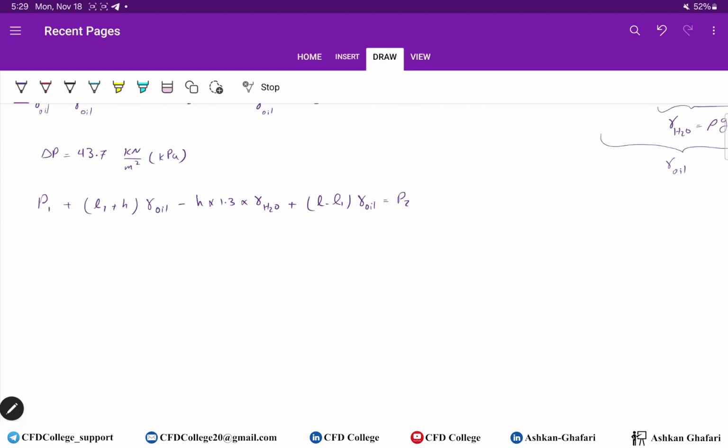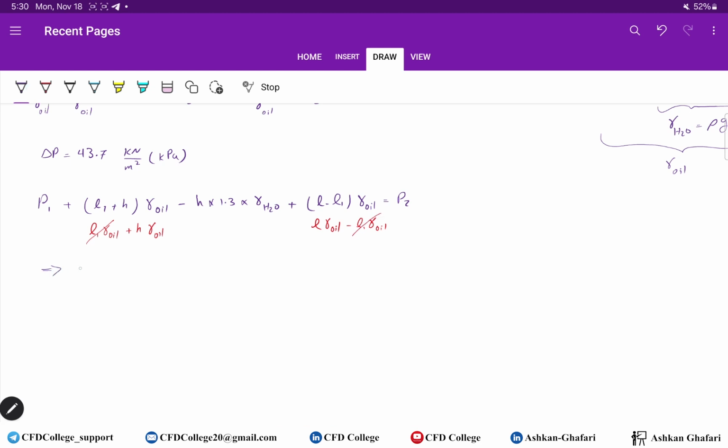So if you see, we have L1 gamma oil plus H gamma oil, and here we have L gamma oil minus L1 gamma of oil. So these are cancelled.